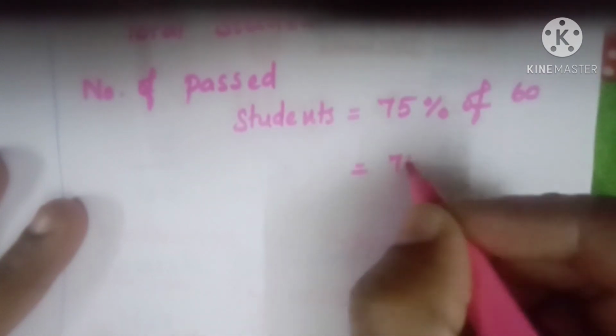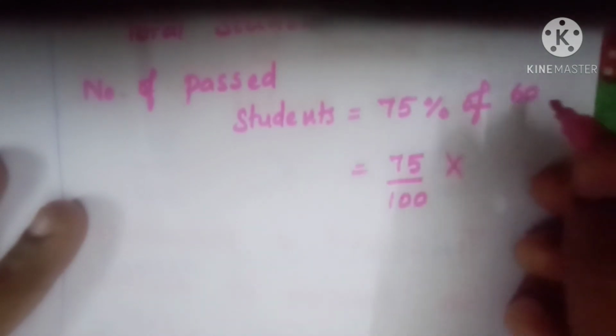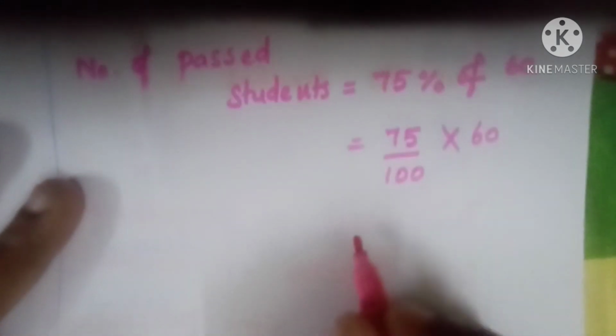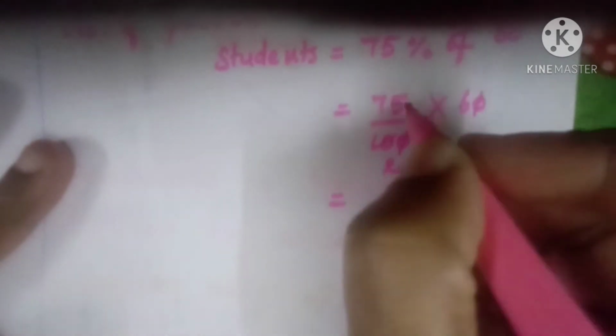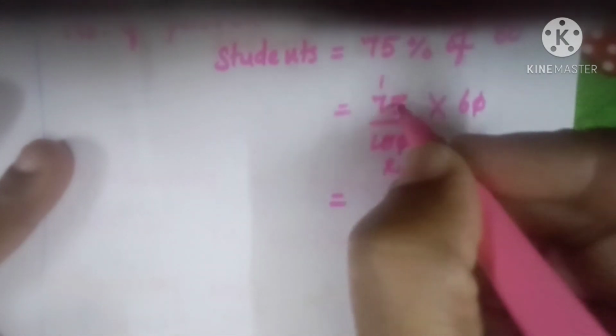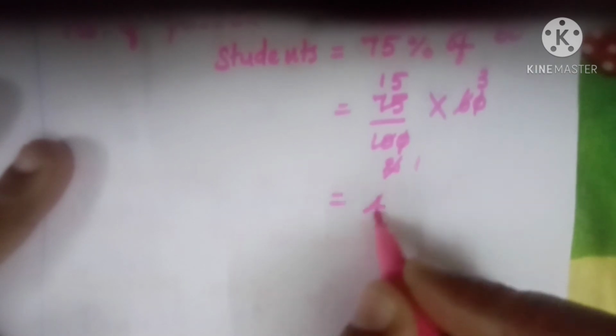So 75 percentage means 75 by 100, multiply into 60. Reduce it, we get 2 5s are 10, 1 5 is 5 and 5 5s are 25, 1 2 is 2 and 3 2s are 6, 15 into 3, 45.